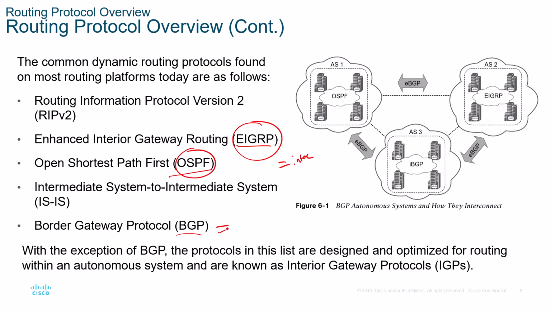BGP is the most common exterior, but can also be used as an interior gateway as well. With the exception of BGP, everything listed here is known as an interior gateway protocol, IGP, and they're optimized for routing within the same AS number. That's what allows you to identify if it's interior or exterior.